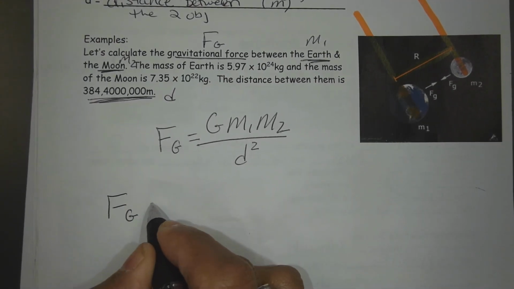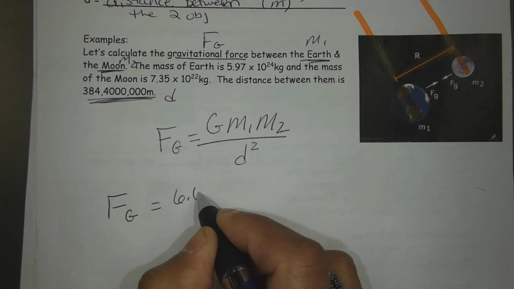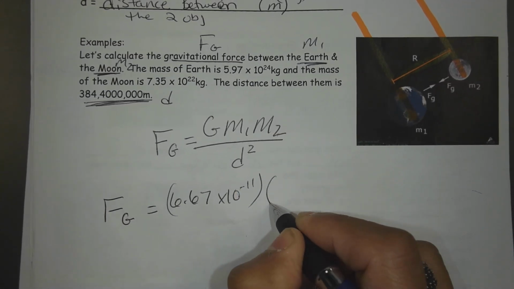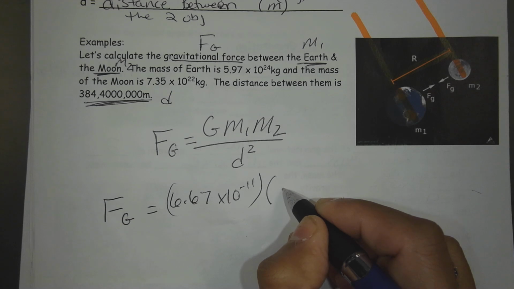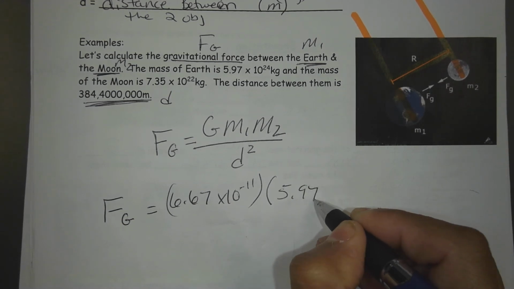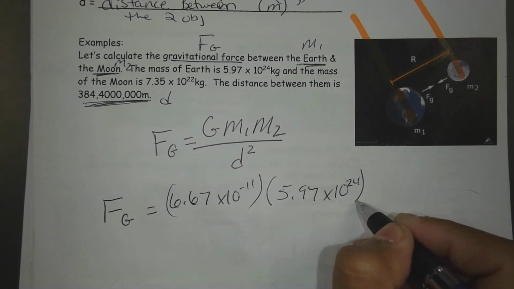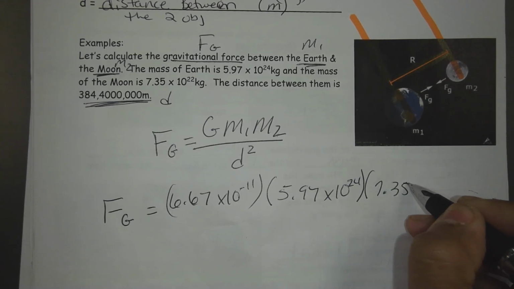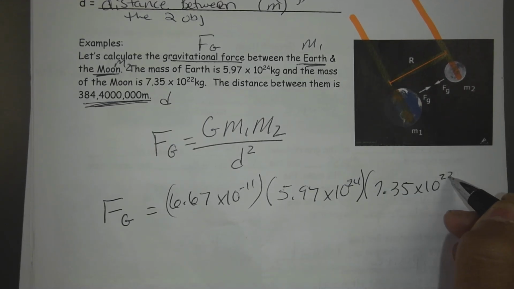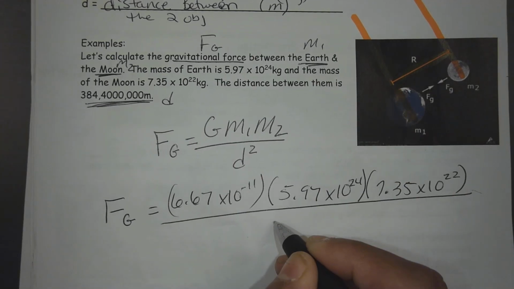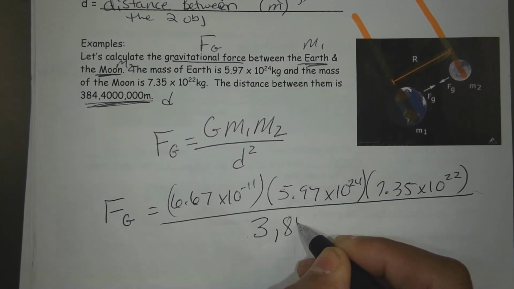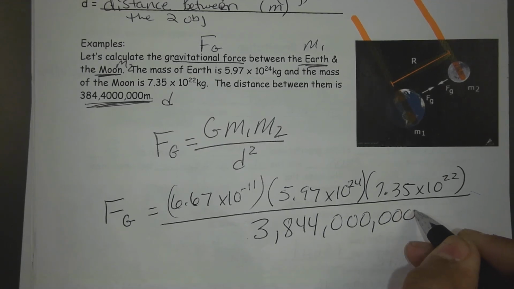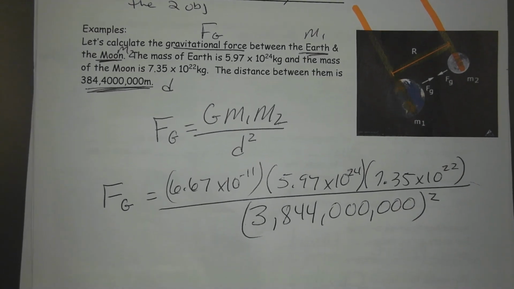Force equals 6.67 times 10 to the negative 11th times the mass of Earth, 5.97 times 10 to the 24th, multiplied by the mass of the Moon, 7.35 times 10 to the 22nd power, over the distance, 3,844,000,000. But don't forget to square it.